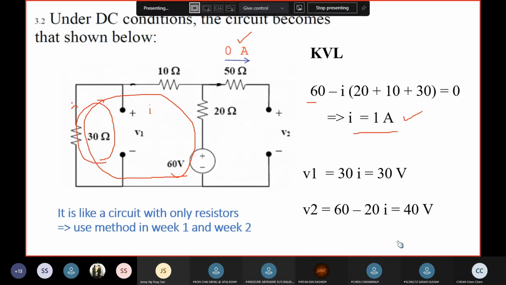Next, V2 is here. Just now I said that because there's no current flowing through here, basically this is also your V2, which means that this node voltage is V2. Now, if you look at this V2, V2 is actually 60. This current I flows this way, so this is higher than this, which means that you need to subtract.